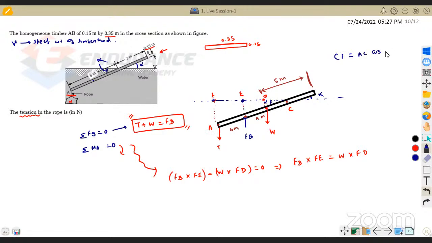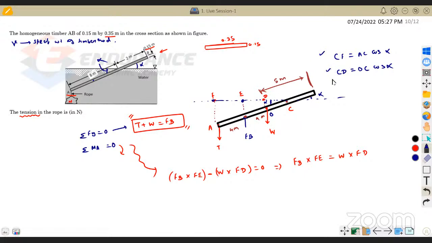AC cos alpha. And what will be my CD? If I take this to be center O, then CD is OC cos alpha. Am I right? Simply I'm resolving this line horizontally. So AC cos alpha will be CF and OC cos alpha will be CD.